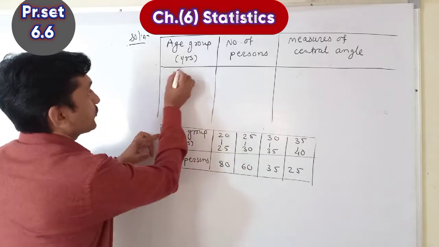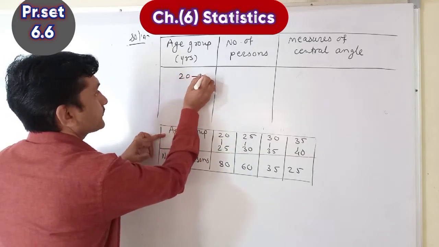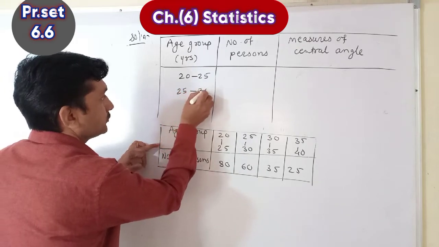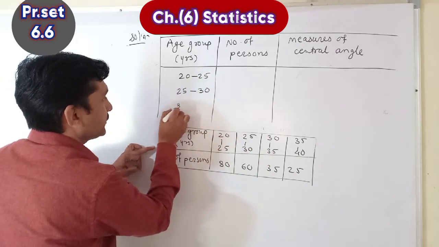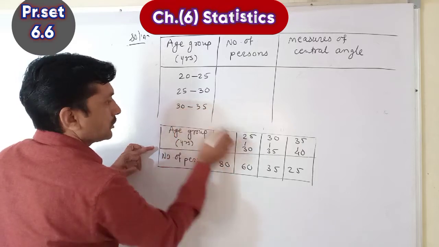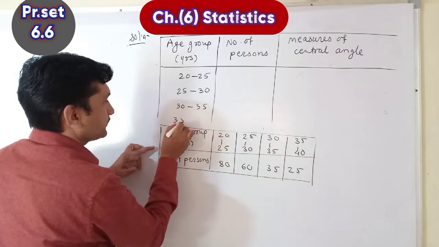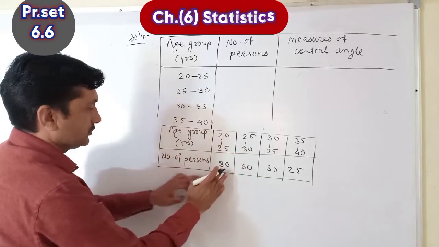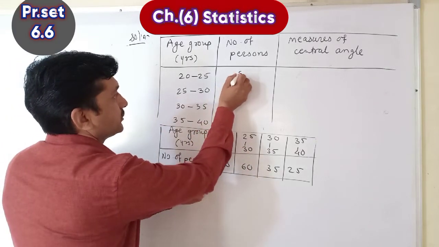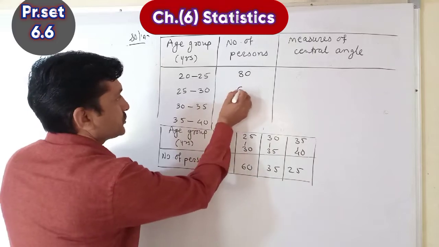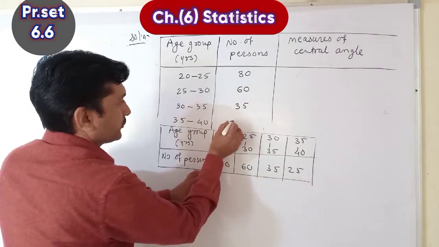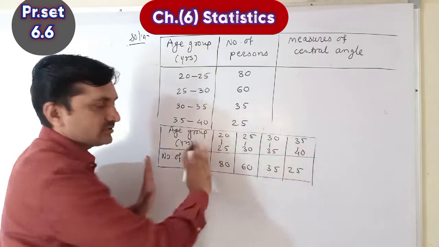Age group 20 to 25 I write here, second 25 to 30, 30 to 35 and 35 to 40. Okay, I copied from the example. Number of persons are also right here: 80, 60, 35, 25. Now I erase this.